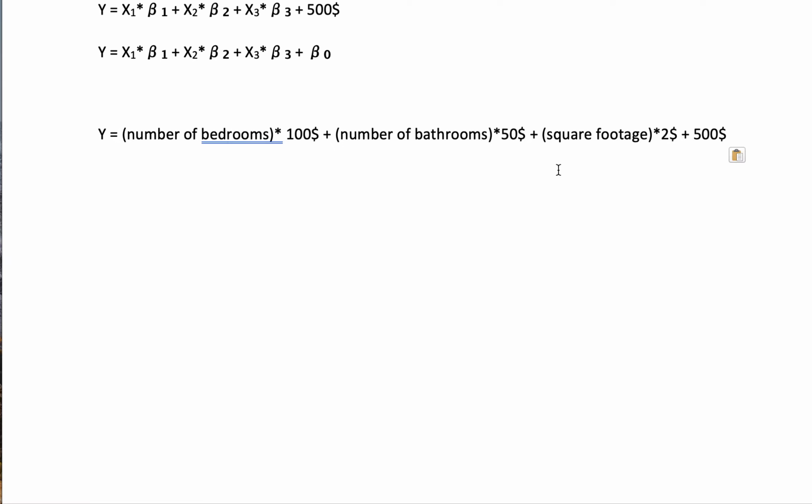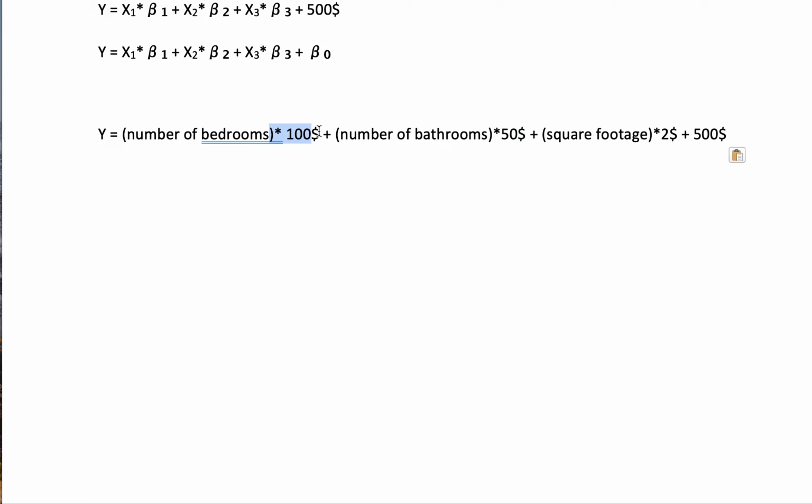I'm going to use this form of our model to explain a little further. Here in our model, we arbitrarily chose a price per bedroom of $100, a price per bathroom of $50, and a price per square foot of $2. But arbitrarily chosen prices are of no use to us. Our objective is to somehow use math to come up with these numbers, because we can't just pull them out of thin air.